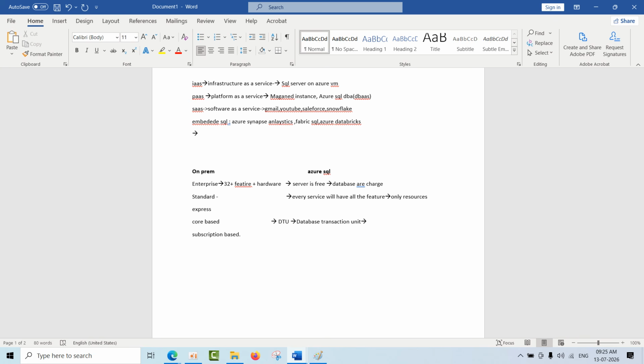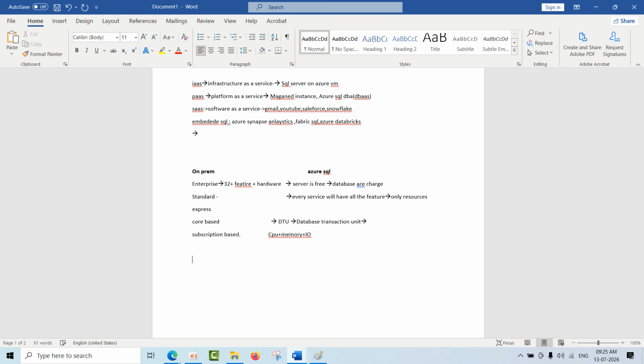That algorithm has some part of CPU plus memory plus IO. They combined everything and came up with a different algorithm, which we call the Database Transaction Unit. This is a Microsoft proprietary algorithm.